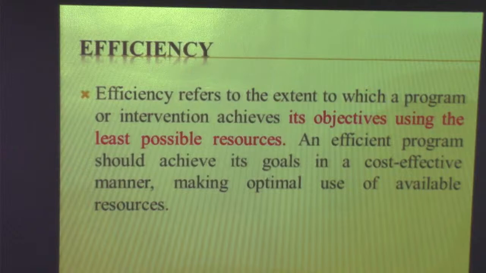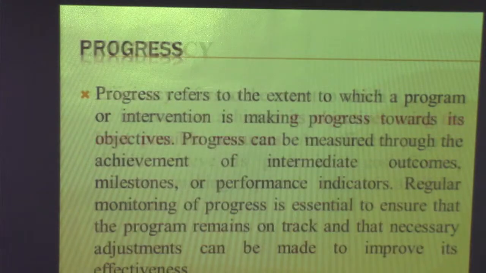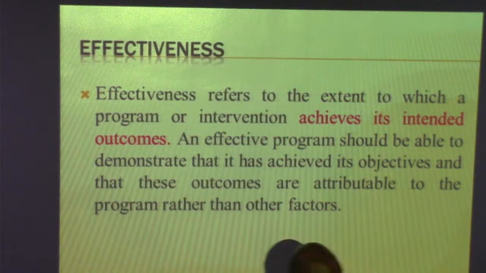Umemit objective bila kujali kutumia pesa. Then we define effectiveness: the extent to which a program or intervention achieved its intended outcomes. An effective program should be able to demonstrate that it has achieved its objectives and that these outcomes are attributable to the program rather than other factors.